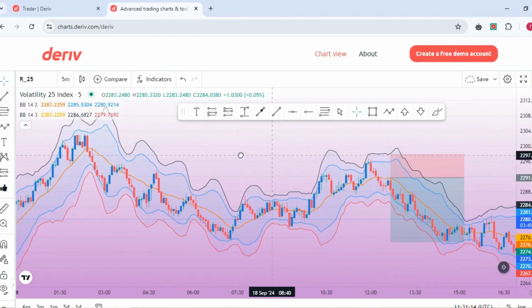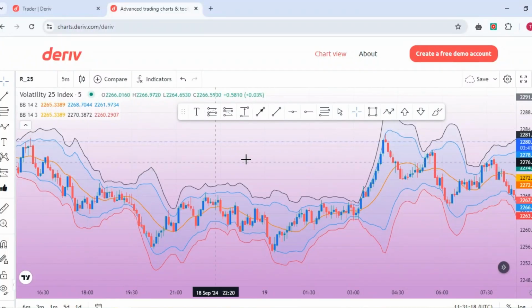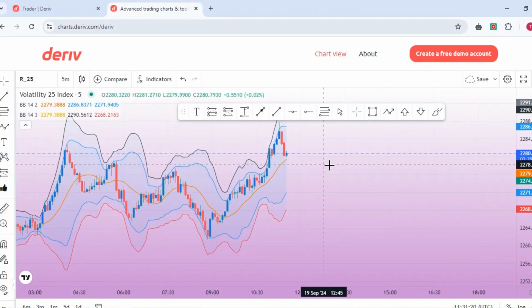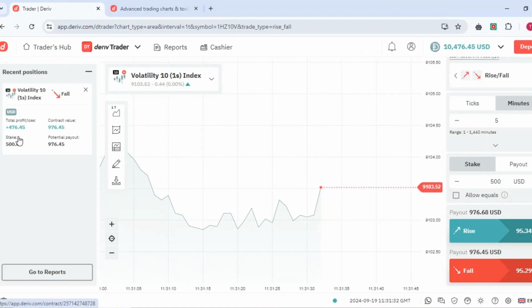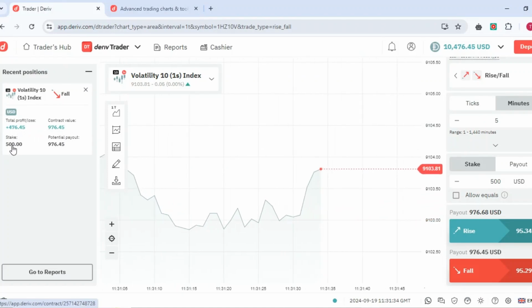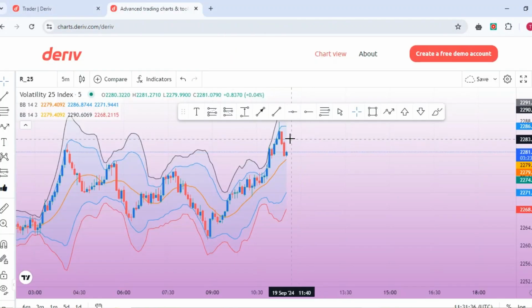So if we return back to our entry, you can see this is the 5 minutes candlestick that we entered, and we have scooped that profit very well. We have scooped that profit for the fall very well by just scalping that. So this is a good entry point.